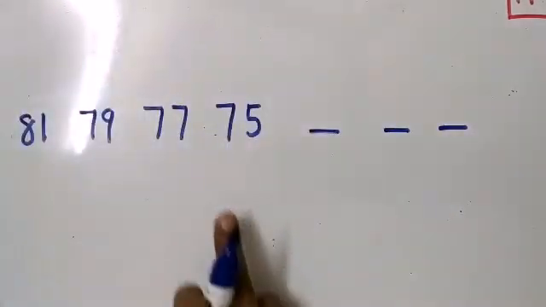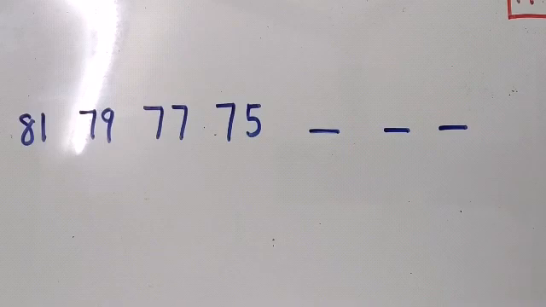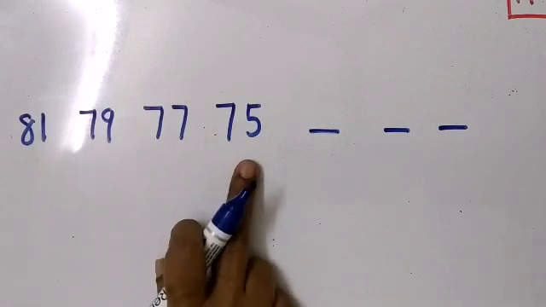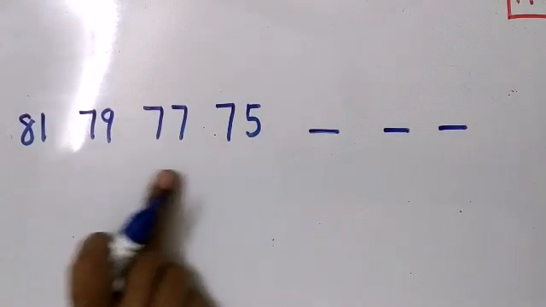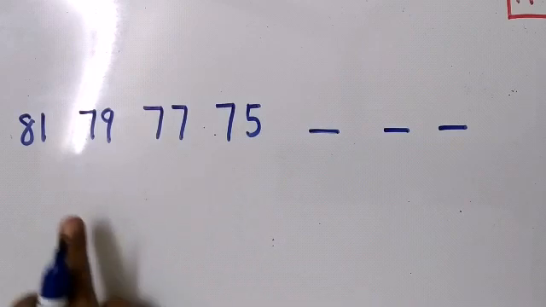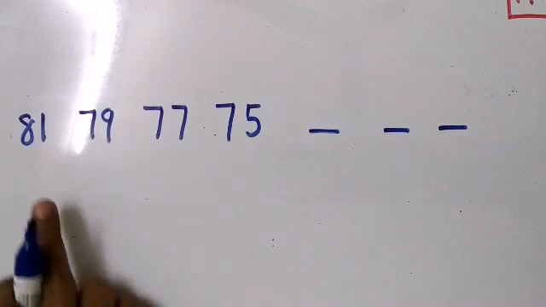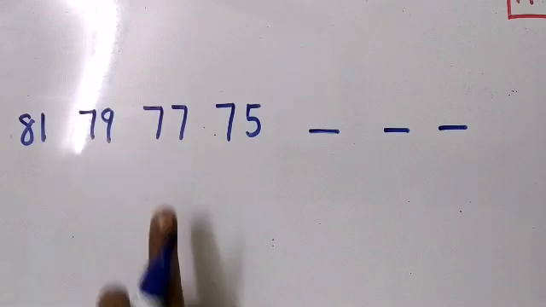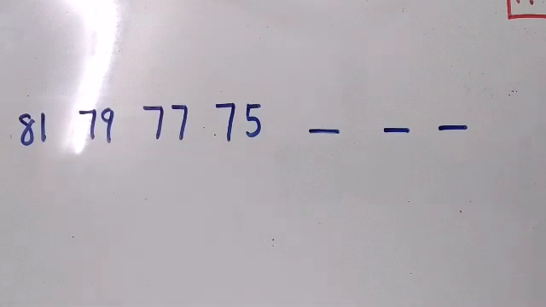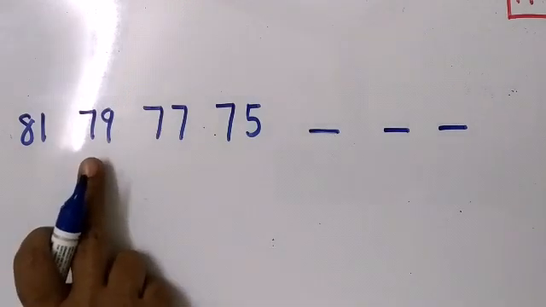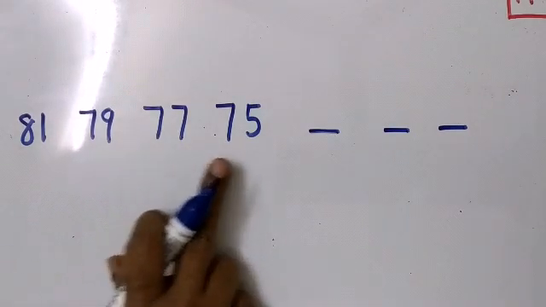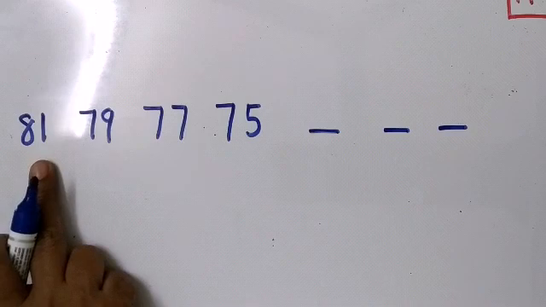I have written it here. Now children, see this, if you look from the right side, it is reducing, right? Similar to that sum. Now we have to generate the rule and identify the pattern. Now by how many numbers it is being reduced children? 81, 79, 77, 75. So it is being reduced by 2, right?